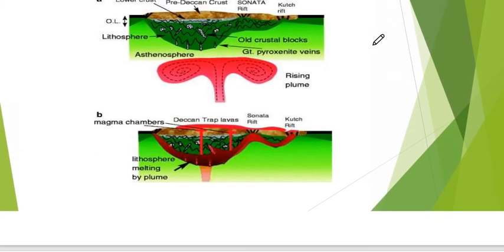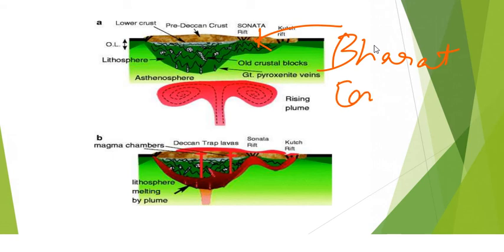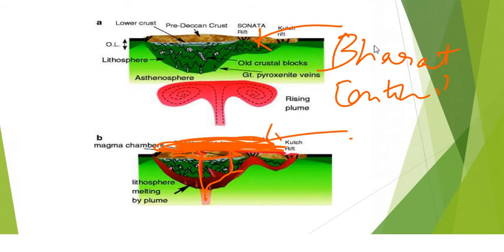See, this is what happened to Bharat Mata. Slowly, that magma which came out of the core penetrated onto the rock and formed a plateau layer, what we call today the Deccan Plateau.